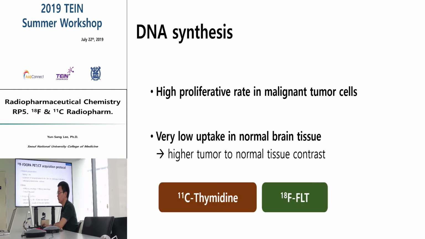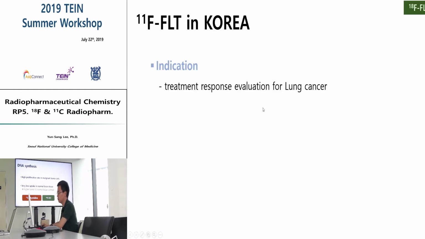And the next is about DNA synthesis. Since malignant tumor cells have a high proliferative rate, DNA synthesis is increased. These agents also have very low uptake in the normal brain tissue, so they can give higher tumor to normal tissue contrast in brain tumors.